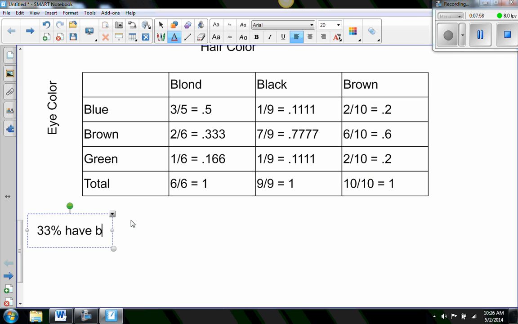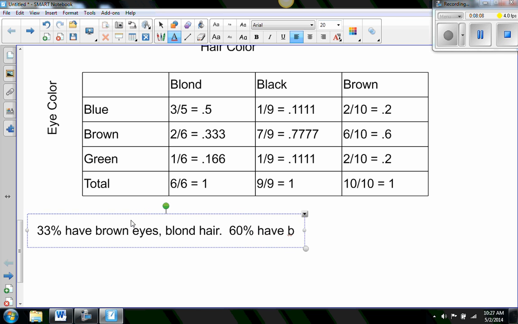33% have brown eyes and blonde hair. 60% have brown hair and brown eyes.